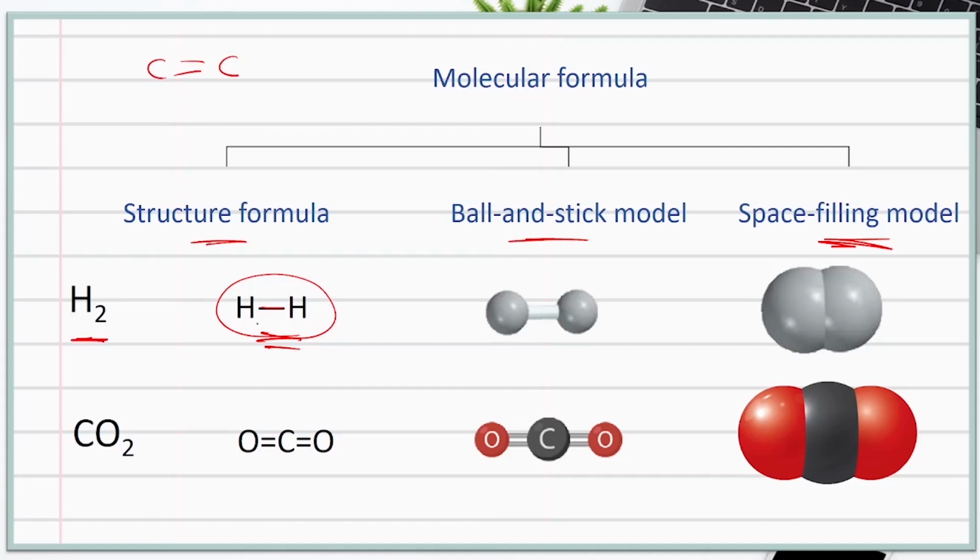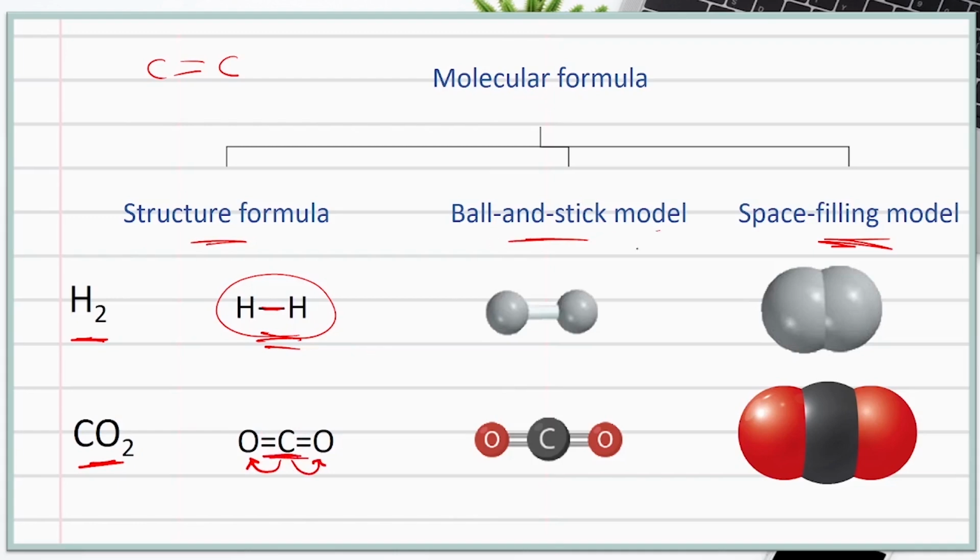This tells us that H2 consists of 2 hydrogen atoms that are bonded together by a single bond. As for carbon dioxide, CO2, the carbon is double bonded to 2 oxygen atoms. Each 2 dashes represent a double bond.